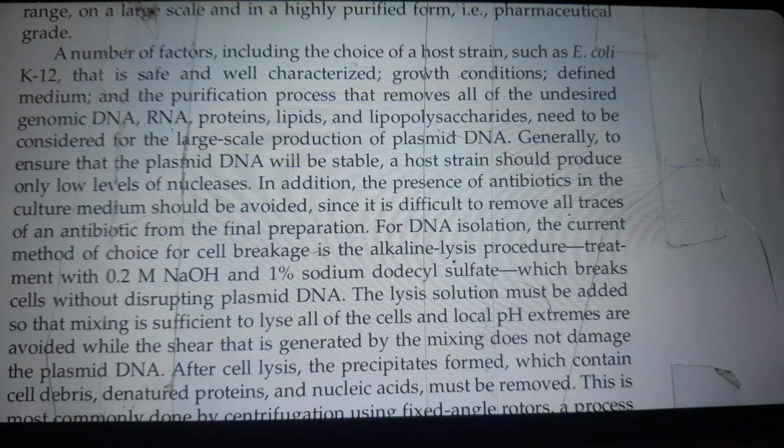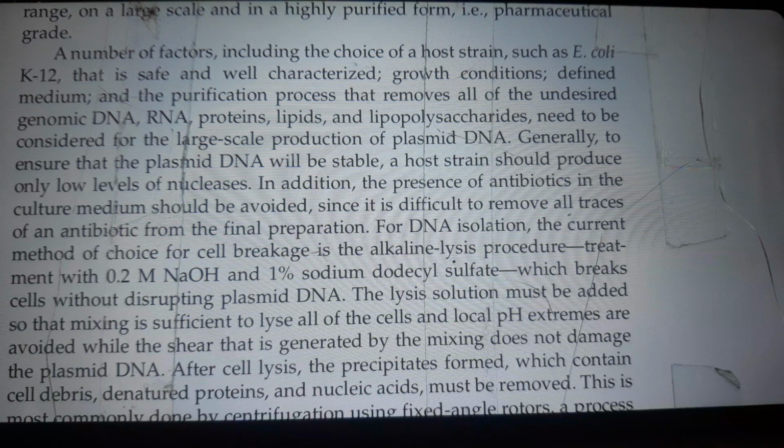A number of factors need to be considered, including the choice of a host strain such as E. coli K12 that is safe and well characterized, defined growth conditions, defined medium, and a purification process that removes all of the undesired genomic DNA, RNA, proteins, lipids, and lipopolysaccharides for the large-scale production of plasmid DNA.